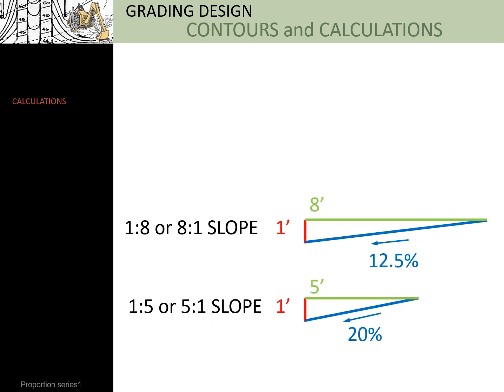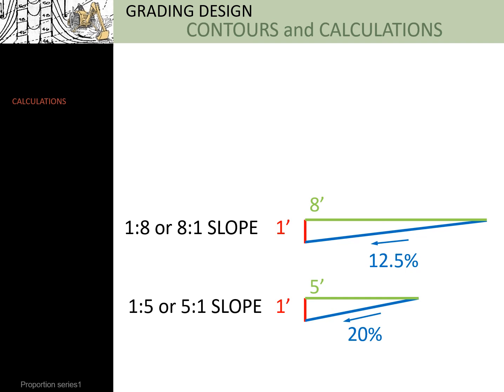With this slide, I hope to explain slopes expressed as ratios. Here, the ratio refers to the ratio between the rise and the run, or the ratio between the vertical change and the horizontal difference. Either way to write the ratio is fine. So you can see from the slide here, I have for the upper triangle 1 to 8 or 8 to 1 slope.